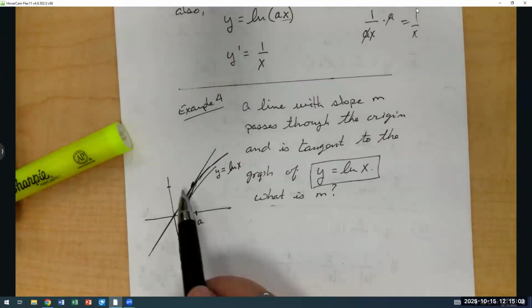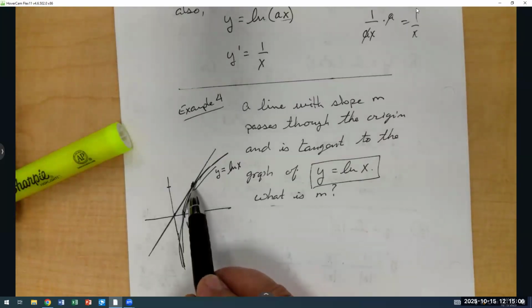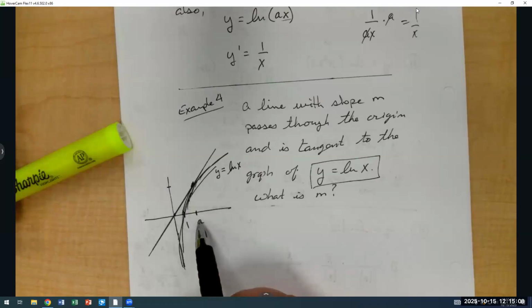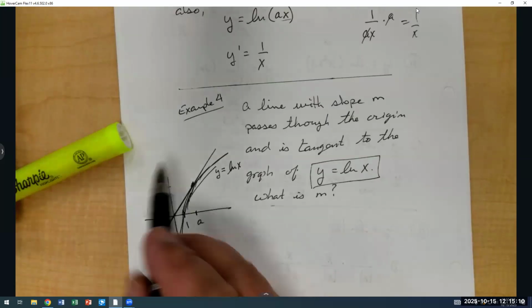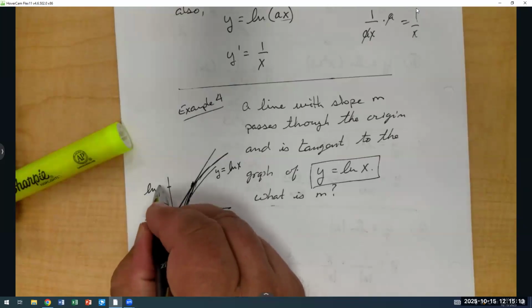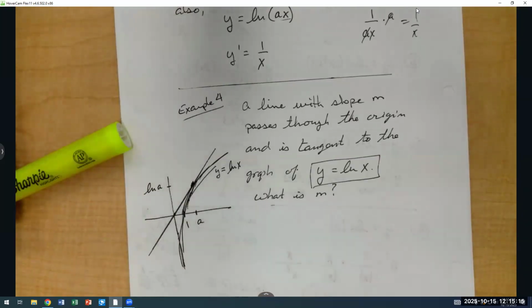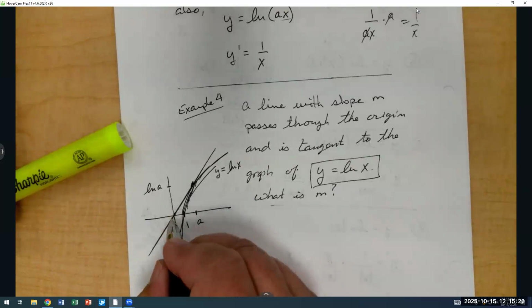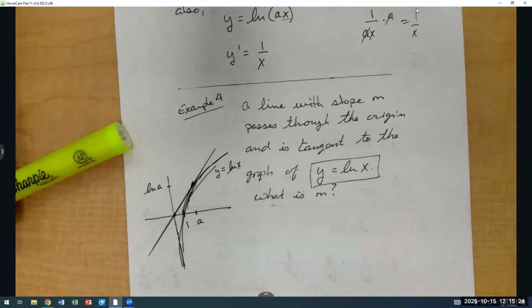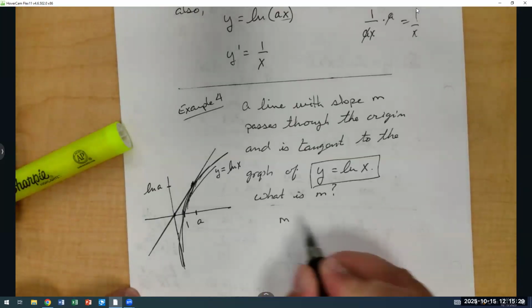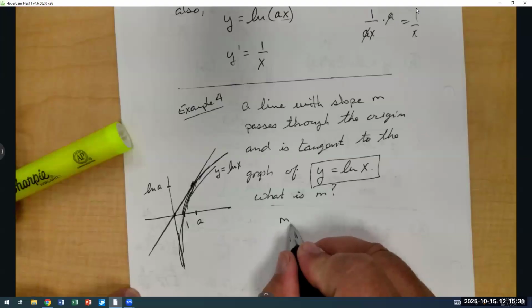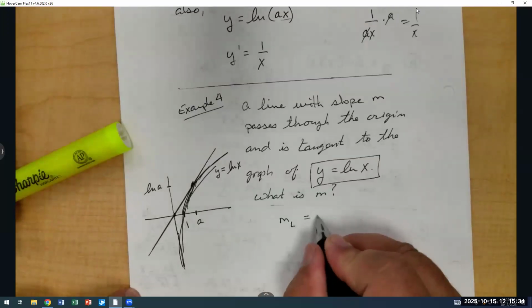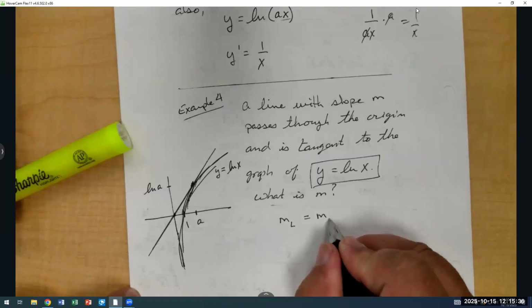So what x value am I touching it at? a. So if that's the case, then this has to have the point (a, ln a). That's the y value of it. And it goes through the origin. So the slope of the line has to equal the slope of the curve.